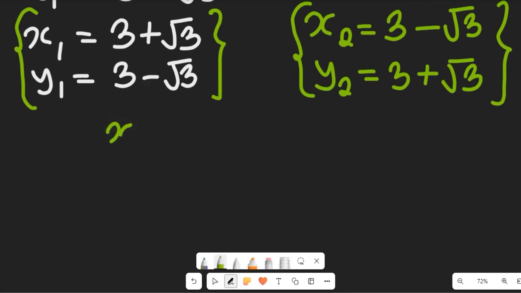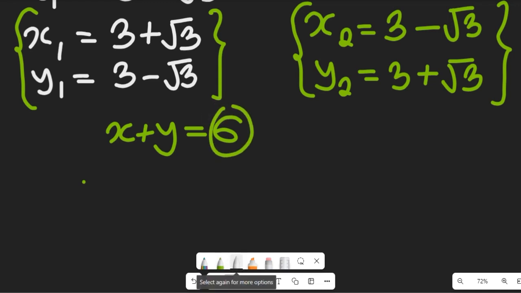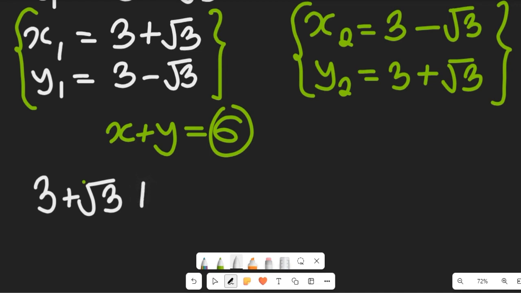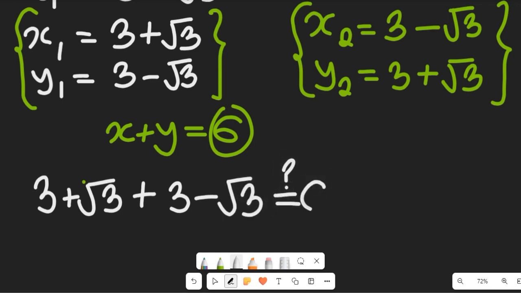We have x plus y, we are told, is equal to 6. So if we insert the value of our x1 and x2, will it give us 6? Let's check out. Our x1 is 3 plus root 3, right? And this is plus 3 minus root 3. Will this be equal to 6?